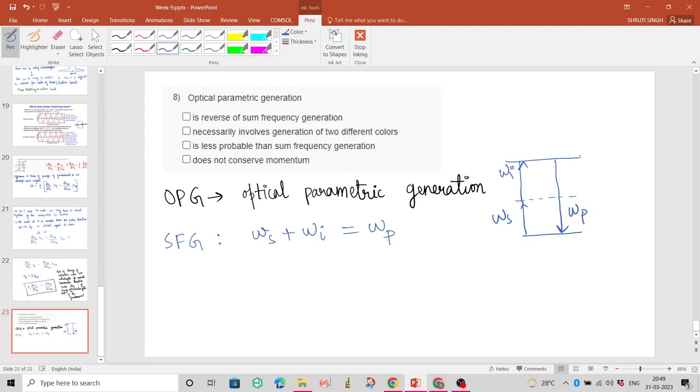So this was the sum frequency generation. Now the reverse order is the parametric generation.